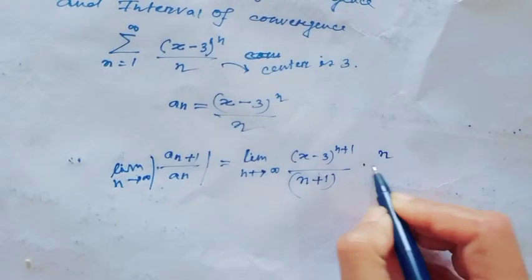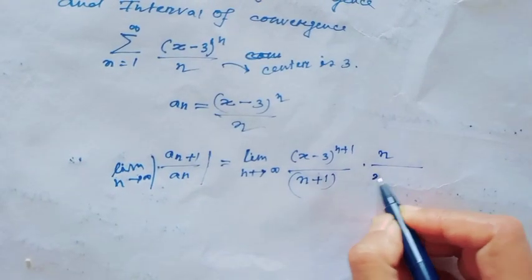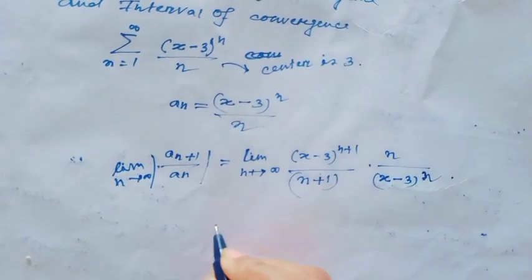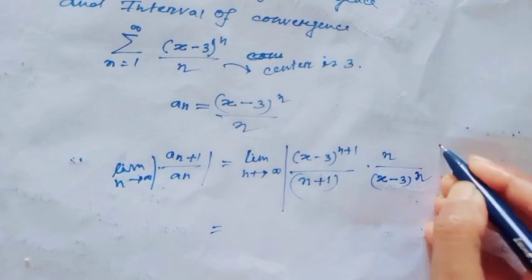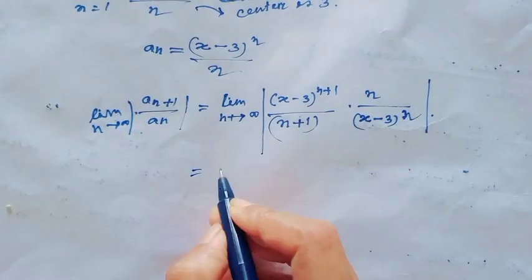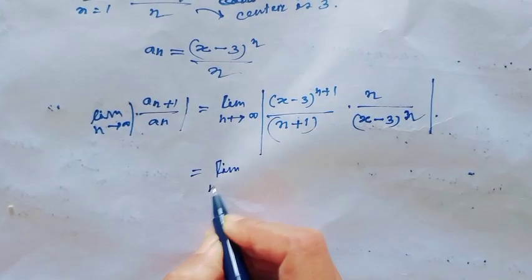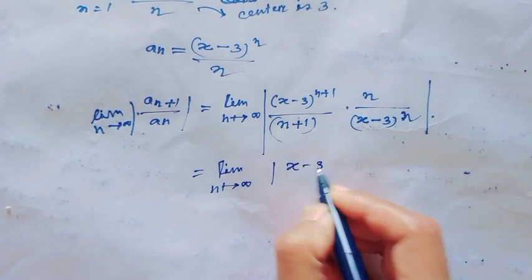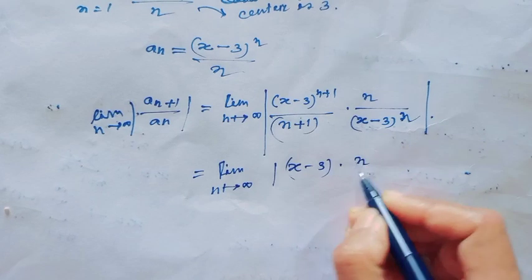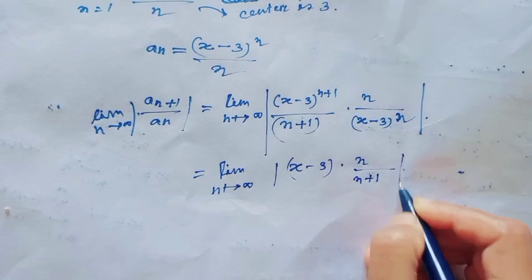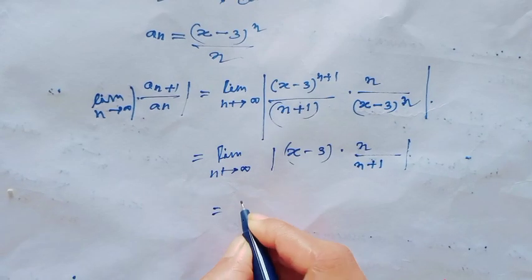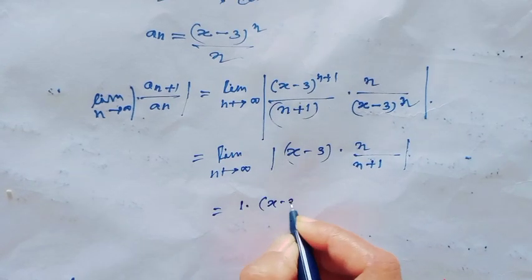times n over (x minus 3) to the power n. This value is an absolute value. Limit as n goes to infinity of |x minus 3| times n over n+1. And this limiting value is 1. That means this value is 1 times |x minus 3|.